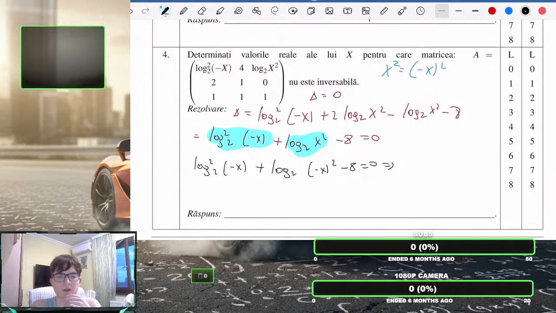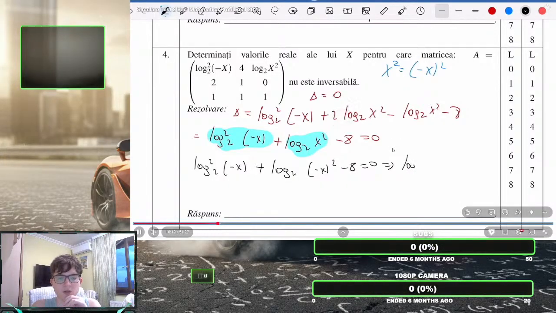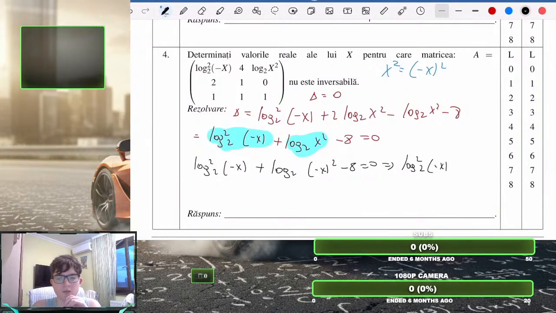But this guy says we can also do minus x right there because of the second power, so it's going to be good. So now what? Now it's going to be log 3 or what? Minus x plus 2.